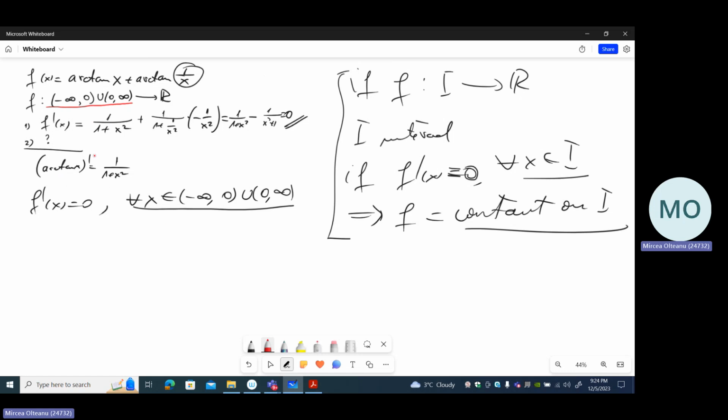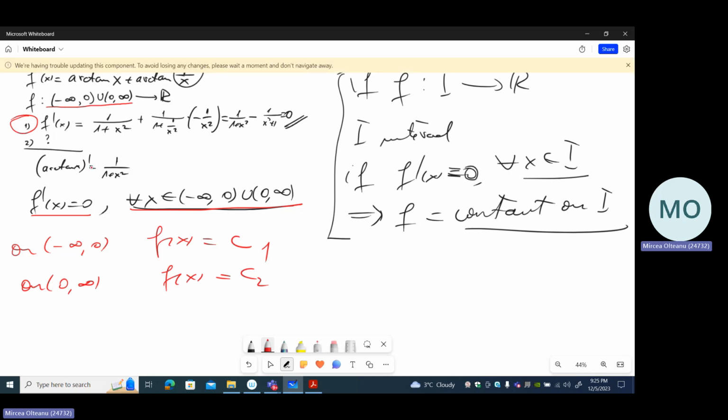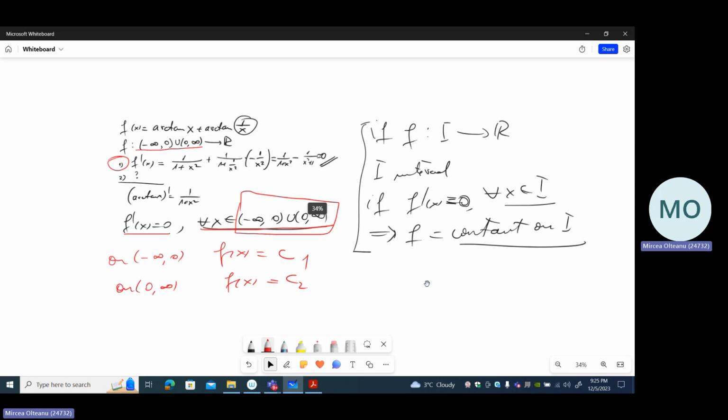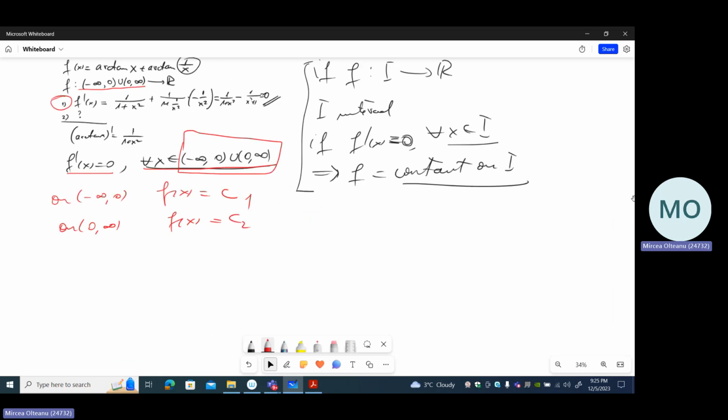So the conclusion from the fact that the derivative is 0 everywhere is that on the interval minus infinity, 0, f of x is a constant, C1, and on 0, infinity, the function f is again a constant, but not necessarily the same constant. So on the domain of definition, our function is not necessarily a constant function. We shall see if it could be, but not from the theory directly.